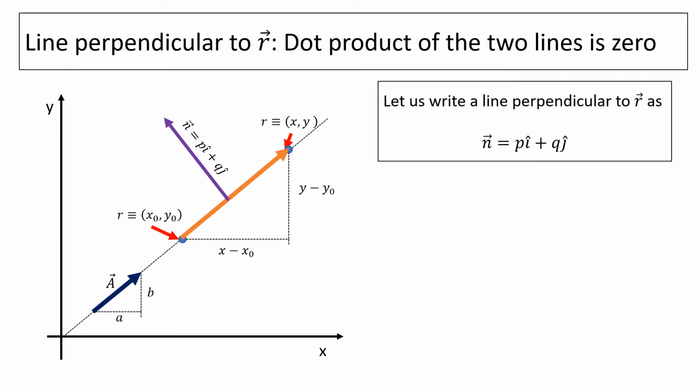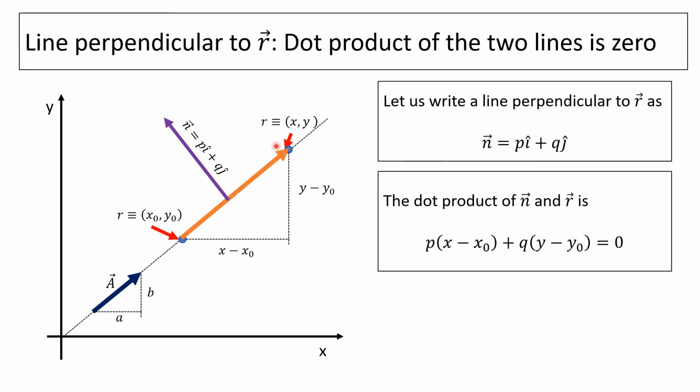The first thing we need to do is to write the vector n equals a constant, which we write as p, pi, plus q, which is another constant, j. Now, to find the components p and q, we just make use of the idea that the dot product between the two vectors n and r is going to equal 0.